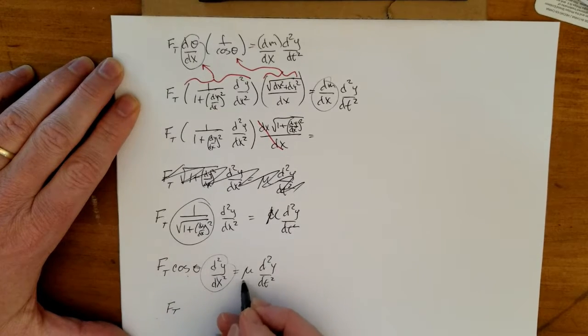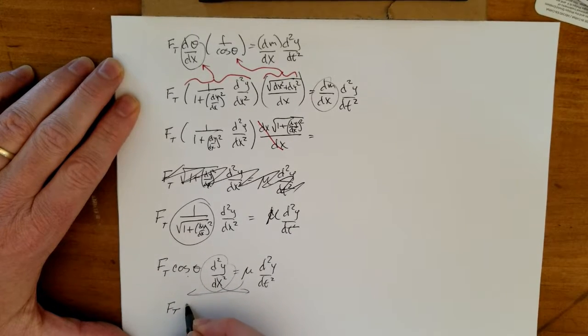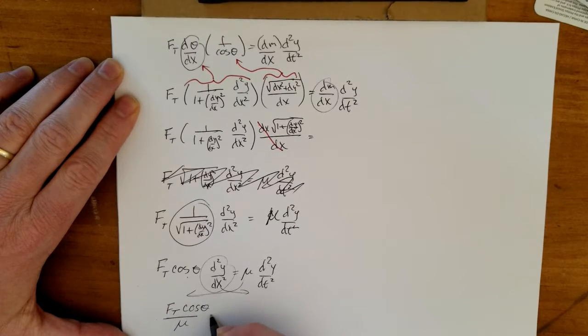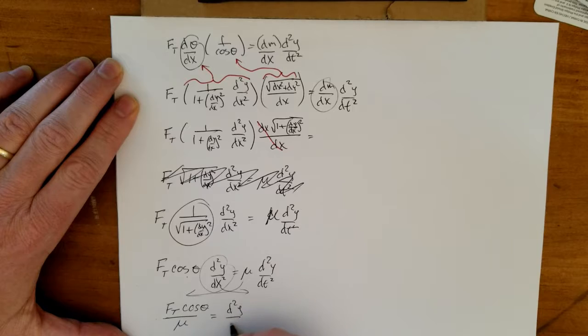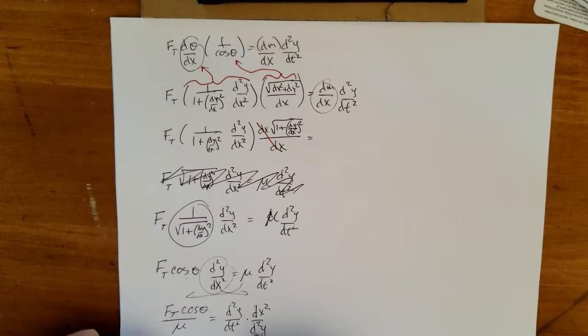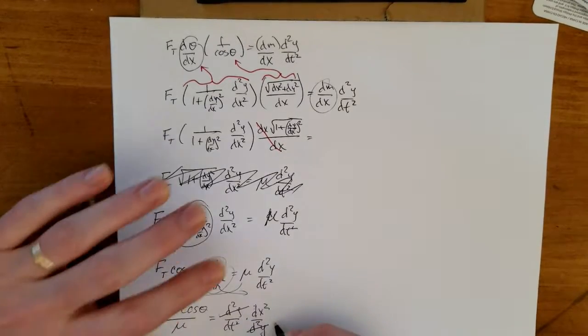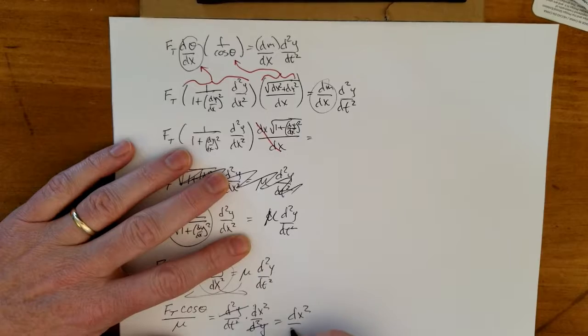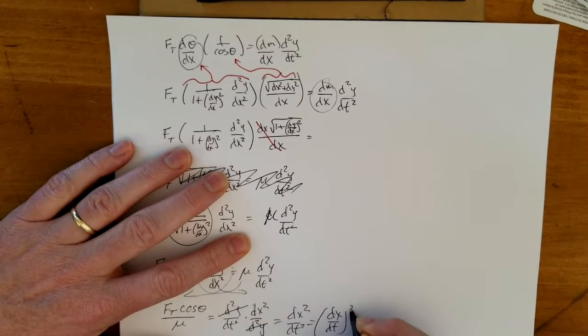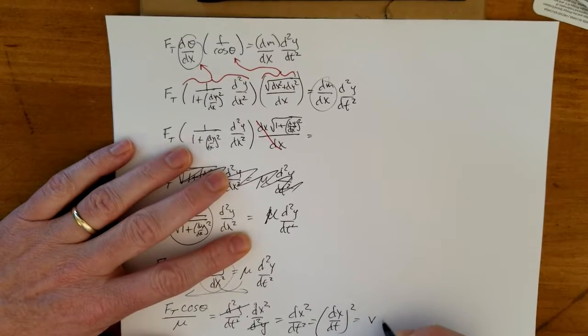Actually, let's go ahead and bring mu over to the other side. So we're going to sort of flop sides there. So F_T cosine theta over mu is equal to d squared y dt squared times dx squared over d squared y. Those cancel out. What I'm left with is dx squared over dt squared, which is (dx over dt) squared, which is just the speed of the wave in the x direction squared.